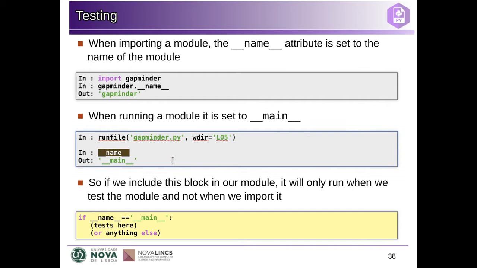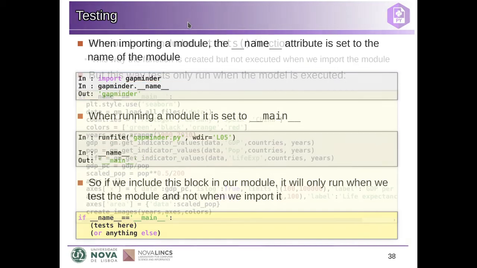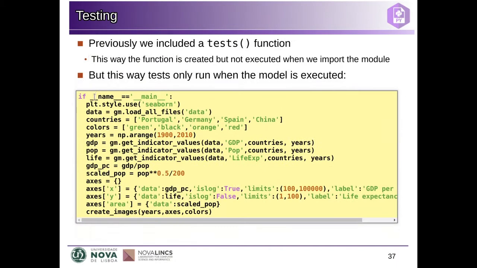But when the module is imported, the name value inside the module will be the actual name of the module, so the name of the Python file without the .py extension. This difference, as the interpreter sets the name attribute either to the name of the file or to main, allows us to check if our file is being run as the main file or if it's being imported by another file.